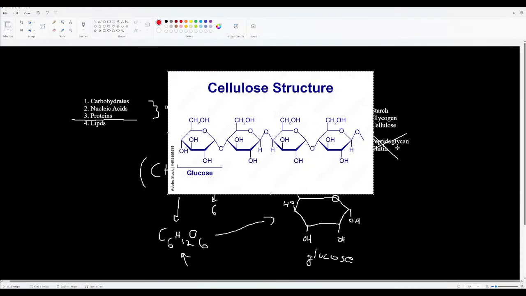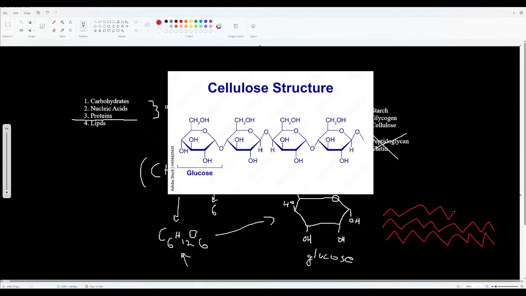This is cellulose. So notice how we go up, and then we go down, and then we go up, and then we go down, and then we go up. That's because it has beta linkages. And because it goes down and up and down and up, just like this on a smaller scale, if we take another cellulose molecule, and another one, and a bunch of those, because this is just a few angstroms in width, we have a bunch of hydrogen bonds.